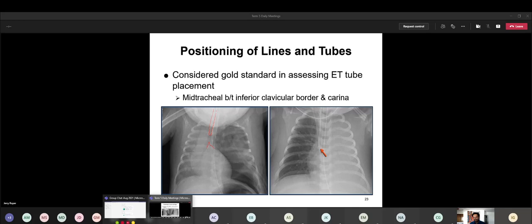Just remember that those little ET tubes don't have cuffs on them at all. So that makes the position even more variable because of just normal movement of the head from one side to the other side, or the neck itself. It's going to make it move into a different position. But clearly, this one on the right is way too far down.